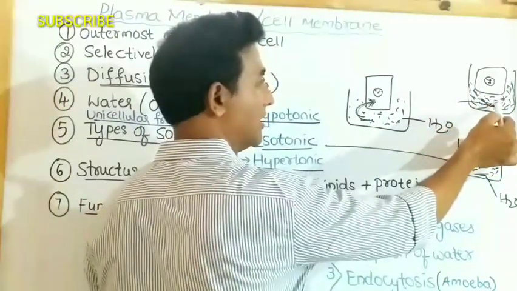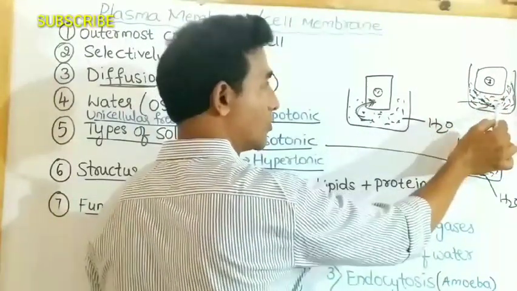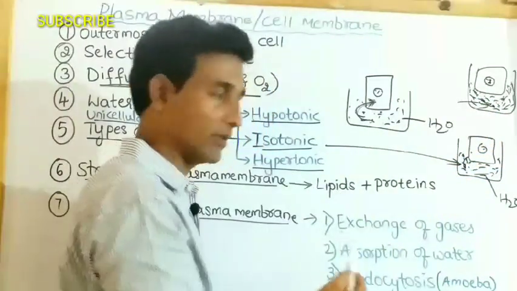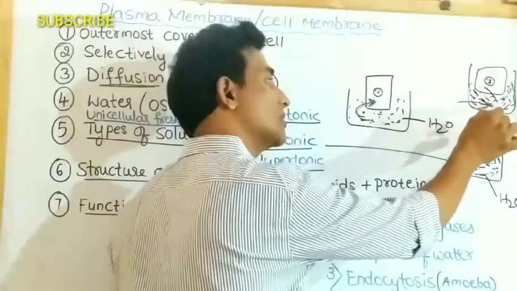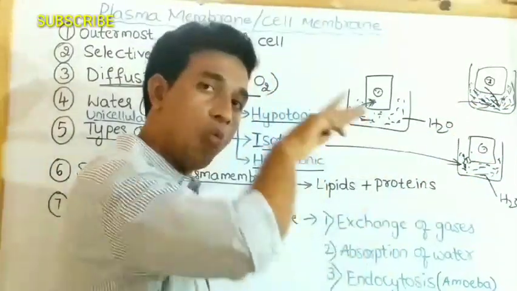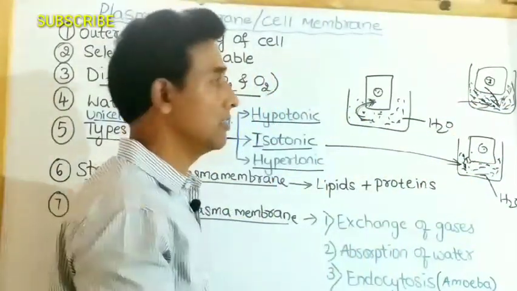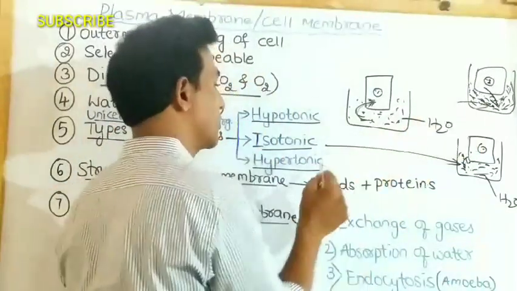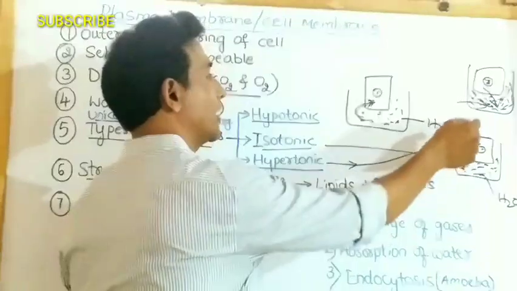When a cell is kept in this, there is less water outside and inside the cell there is more water. So from the region of higher concentration to the region of lower concentration, water moves out of the cell and the cell shrinks. And this type of solution is called hypertonic.